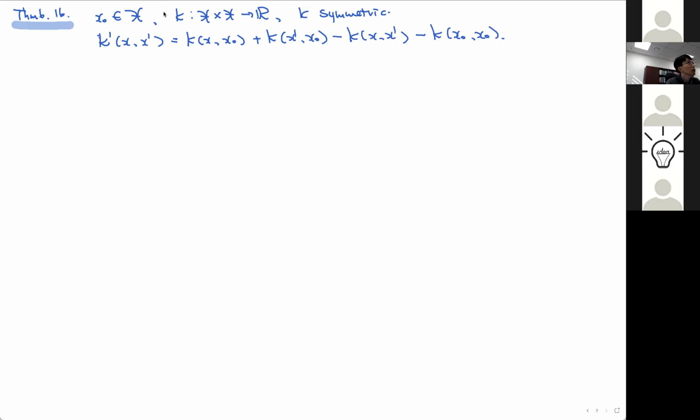The key part of the definition of PDS kernels and NDS kernels is to measure how two inputs are related, so the most important part is this bit. The others are a bit like normalizations of the two inputs. Although it's not exactly of the form, K prime is obtained by taking minus of the NDS kernel with some normalization.